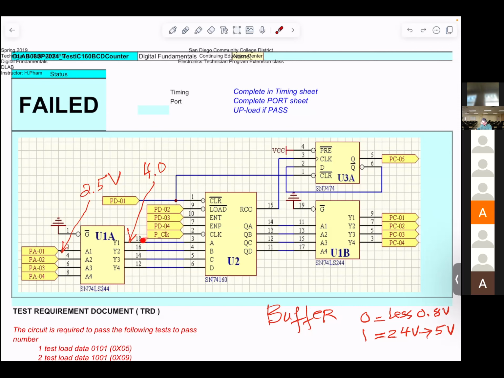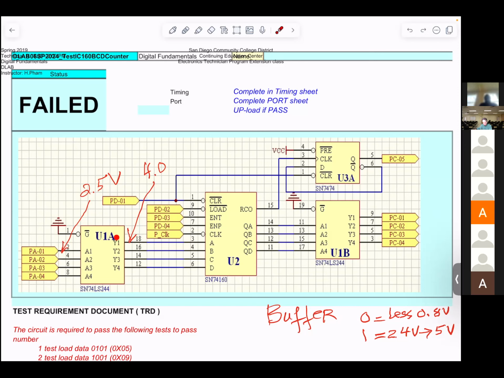How many wires are connected to pin 18 here? One. Perfect. Here is what to do: you can remove this wire and measure it.